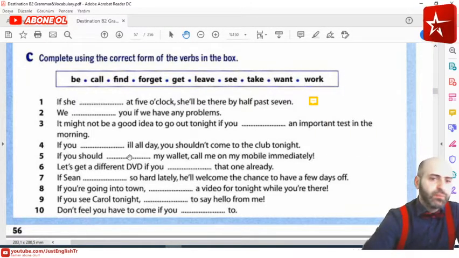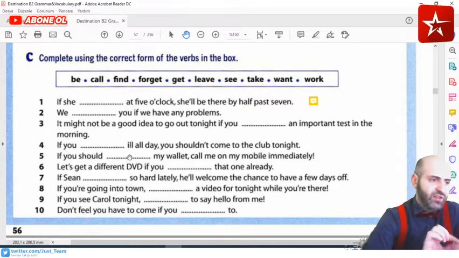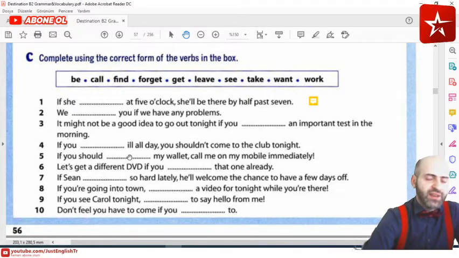Let's see number 3. It might not be a good idea to go out tonight if you blah blah blah an important test in the morning. Which verb do we use and which form? Can you write what I need to write in the gap for number 3?